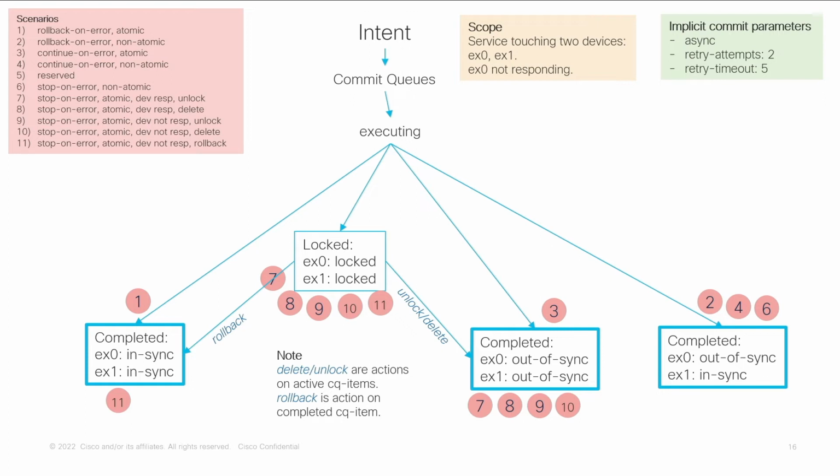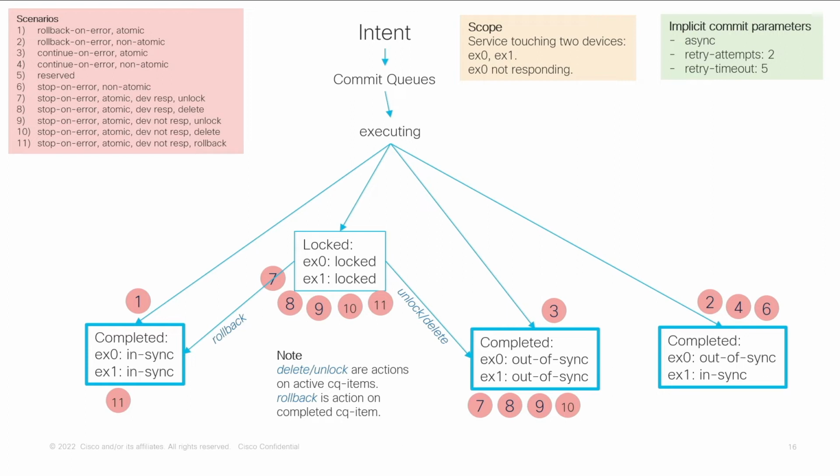But let's start with scenario number 1, and the number is actually a combination with this result. So when you push intent into NSO, when you use commit queues, you will probably end up in one of 3 states down here. We have this fourth also that is actually related to when you use stop on error.